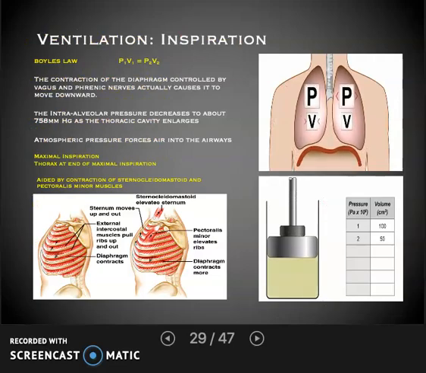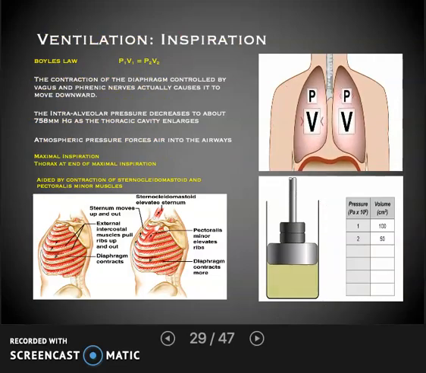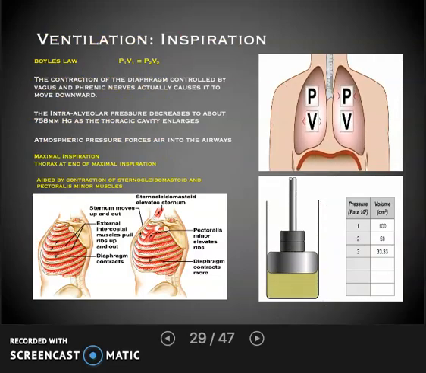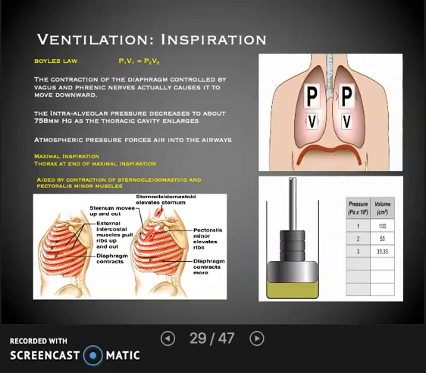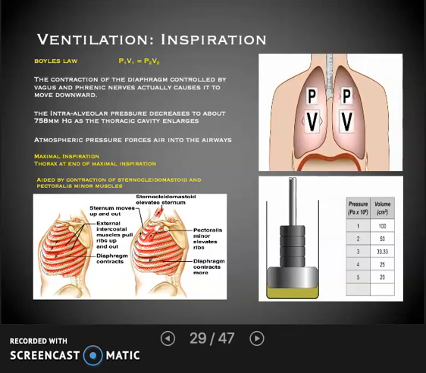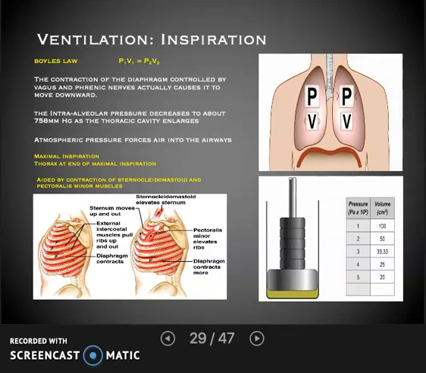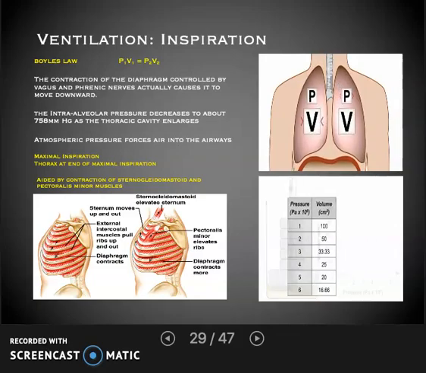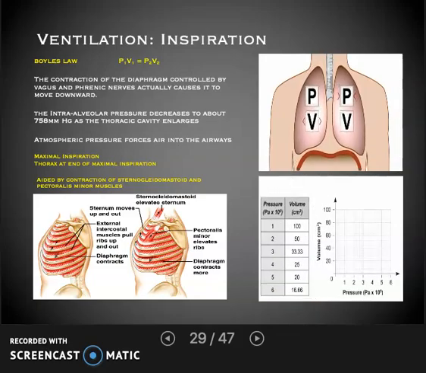Well, you can see in our illustration here that as I compress the piston in the GIF here, what happens to the pressure inside? Well, of course, it increases, and we all knew that. We know that intuitively. Conversely, as I increase the volume of that piston, or the chamber the piston's compressing, what happens to the pressure? Well, it goes down. Well, the same thing's happening in your lungs.